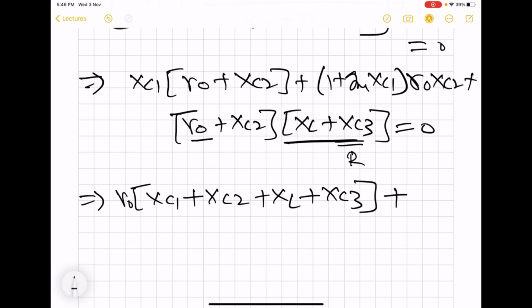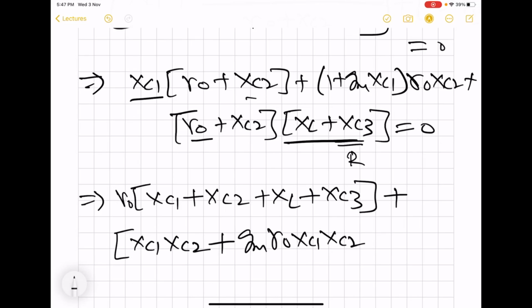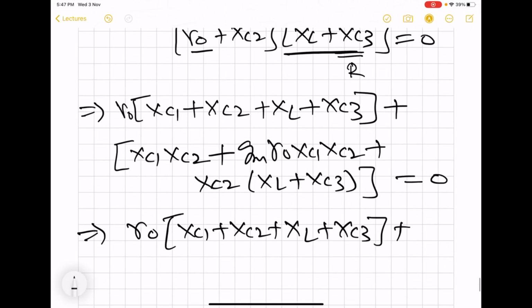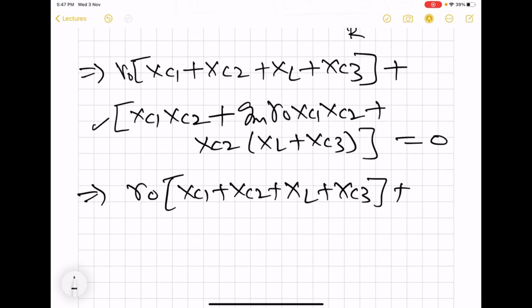And for the real part, we will have XC1, XC2, these two terms, plus gm R0 XC1 XC2, plus XC2 into XL plus XC3. So we see that XC2 is common in each of the terms here.